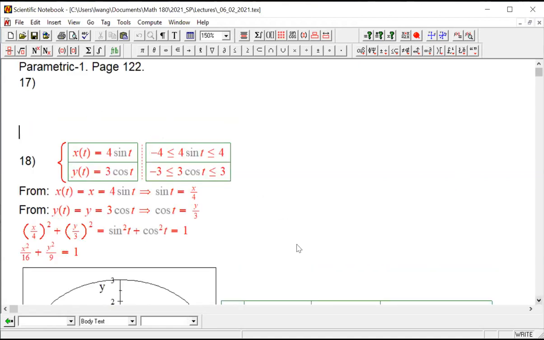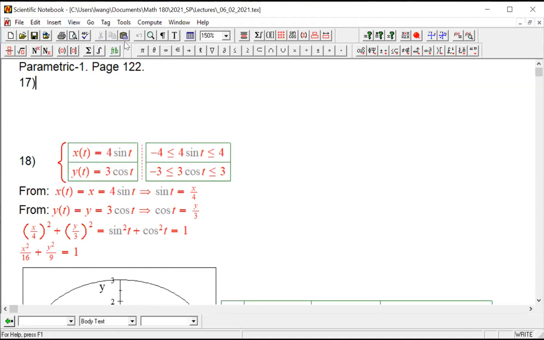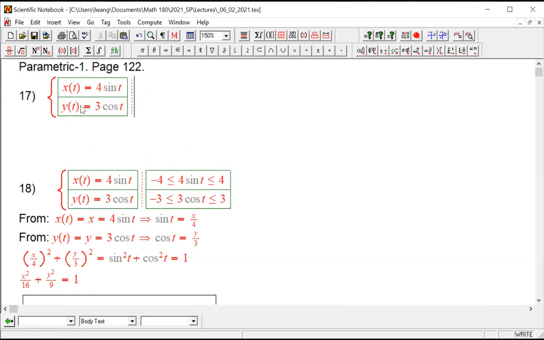Okay, so this is the question I'm going to pick. All right, I'm going to put it right here. Number 17: x equals 5 times cosine t, and y is 2 times sine t.